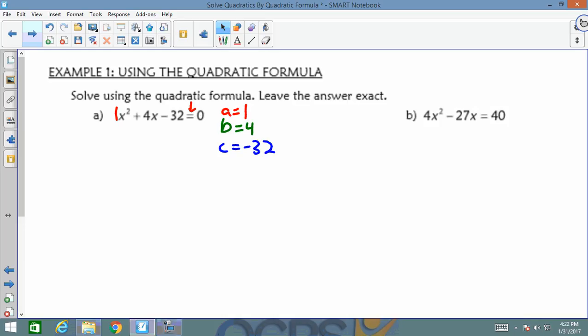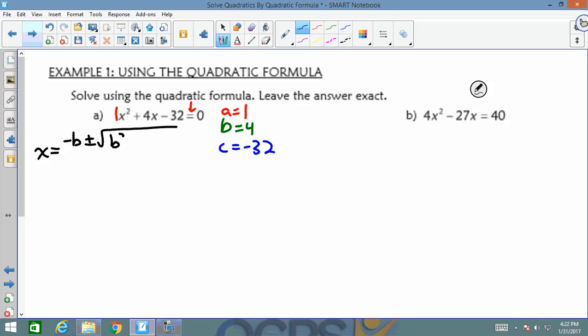Once you identify A, B, and C, you need to go ahead and write down the quadratic formula. Again, it's x equals negative b plus or minus the square root of b squared minus 4ac all over 2a. From here, we're going to then substitute all of our numbers for a, b, and c into this formula.